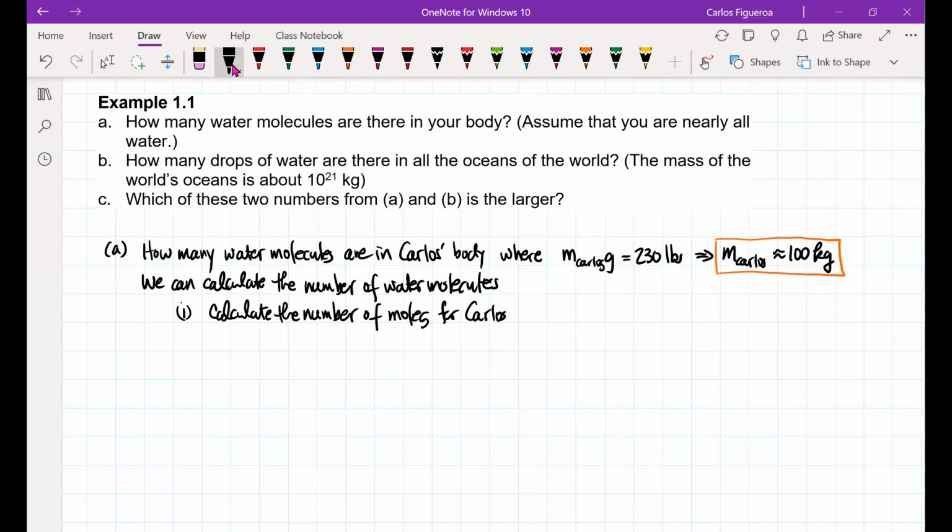The number of moles is typically the mass of the sample divided by, oops, I made a mistake here, it's the molar mass. In this case, it's going to be the molar mass of water.